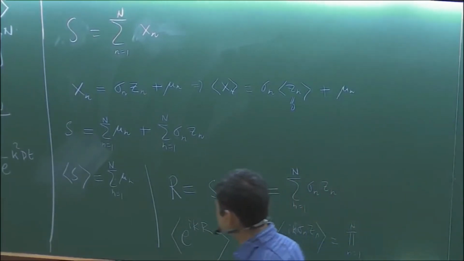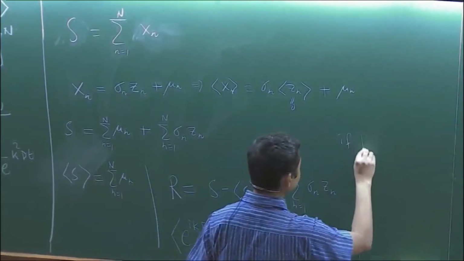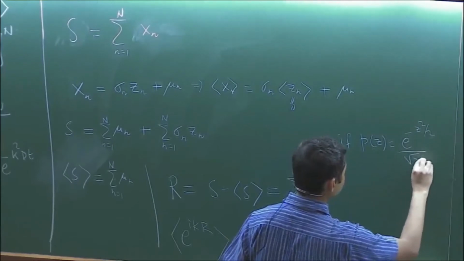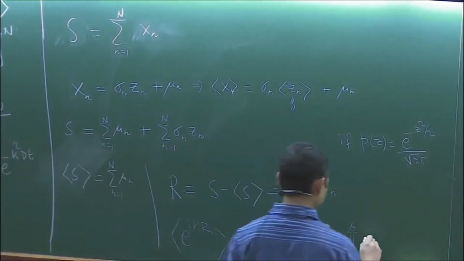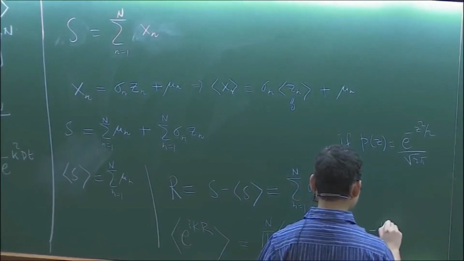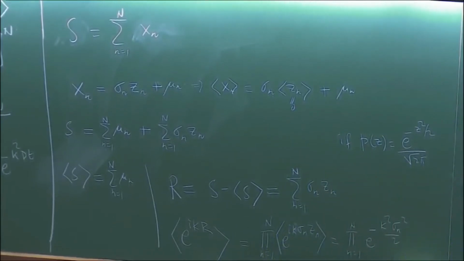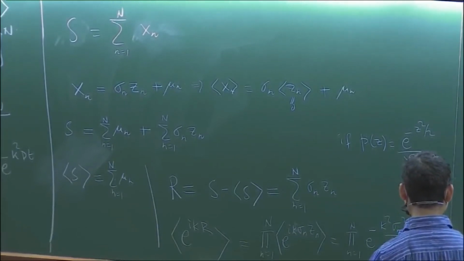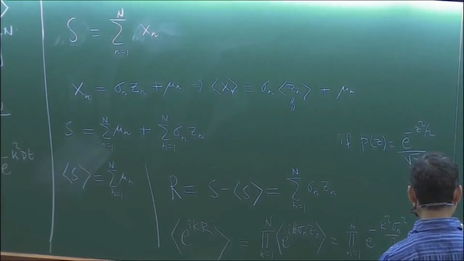If P of Z is e to the power minus Z square by 2 over square root of 2 pi, what is that object? It is e to the power minus k square sigma n square by 2. So this is e to the power minus k square by 2, times the sum from 1 to n of sigma n square.